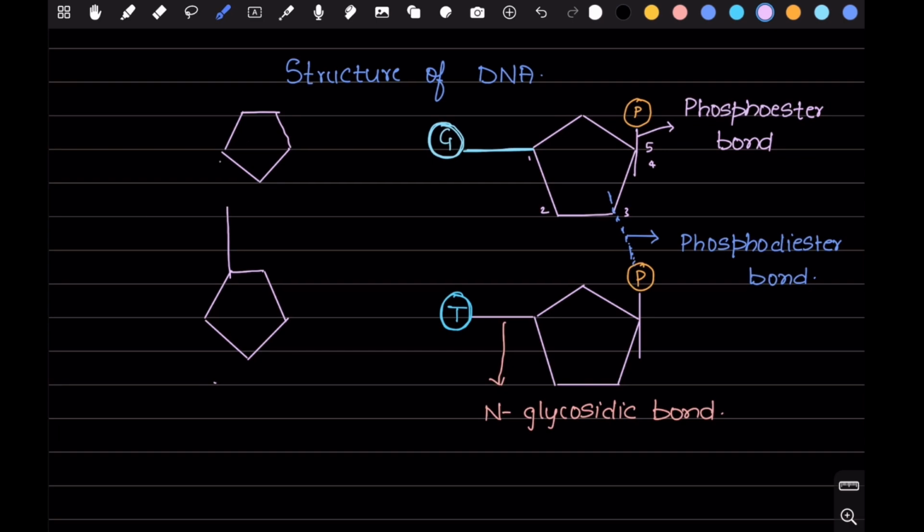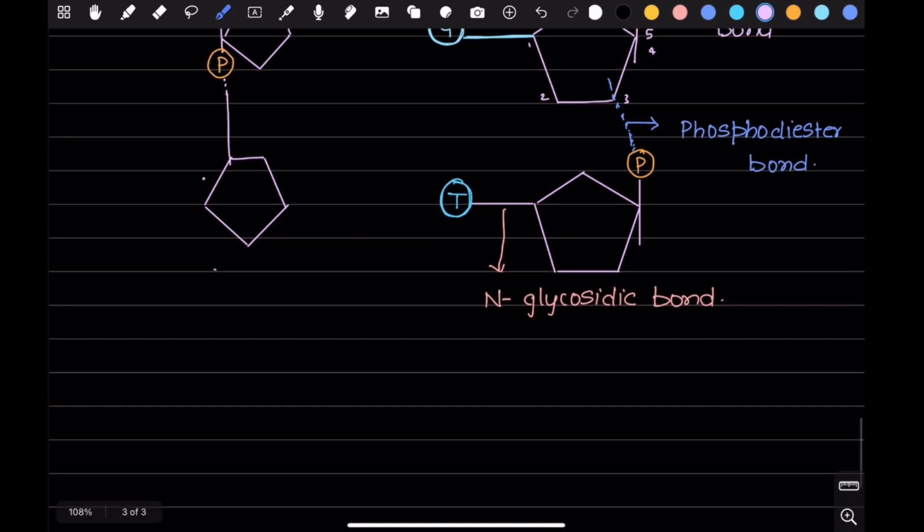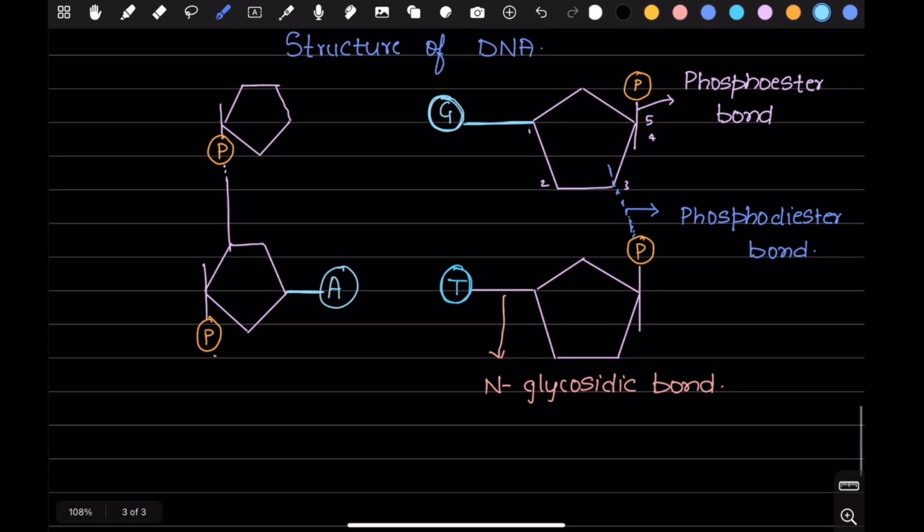Draw the structure along with me. We have a phosphate group at the 5th place again. This is the first place, and it should have a nitrogenous base. This will be adenine.